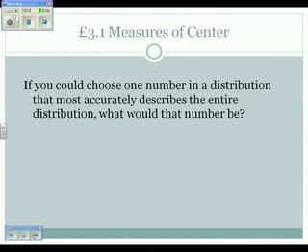So if you can think of one number that would represent an entire distribution the most accurately, what number would you give? For what distribution, though? So you have a data set that has a whole bunch of numerical data in it, and you're only allowed to give one number that will represent that data.